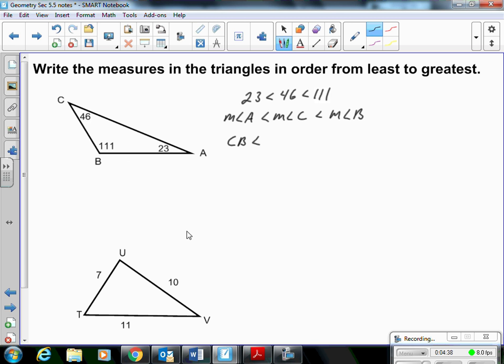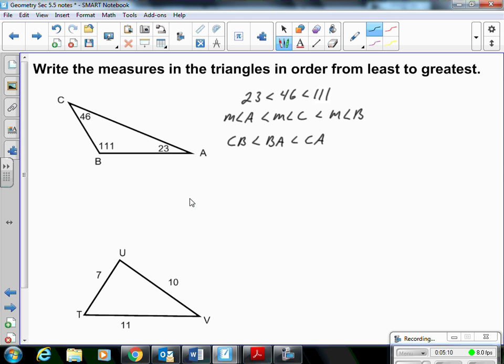So BA would be the next biggest side. And then the largest angle, angle B, the side opposite is CA. So CA is the largest side. All right, so that was using the angles to eventually put the sides in order.